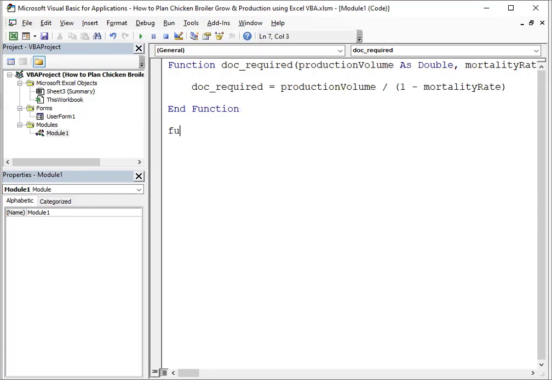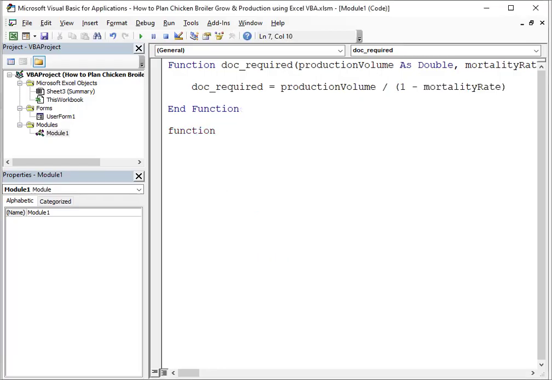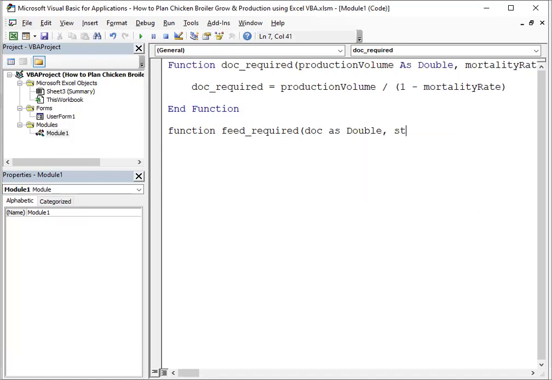And the next function we're going to have is for the feed requirement. Sorry. So the function would be feed underline required. So it would be DOC as double. At the same time, we're also declaring our variables, as double. Starter as double.